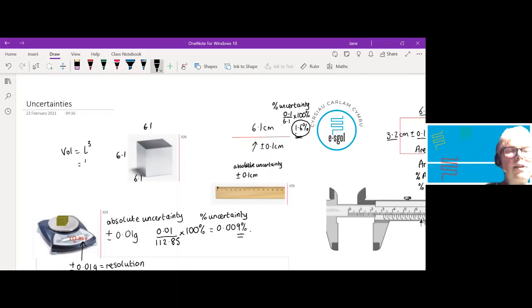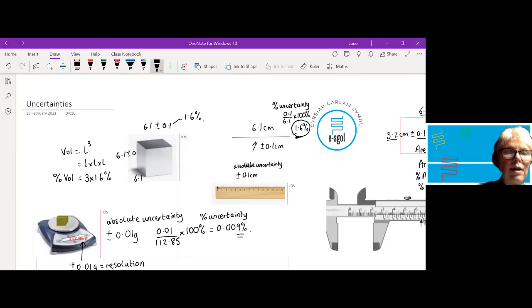And because you're using that length 3 times in the equation, then whatever the uncertainty is of your 6.1, i.e. plus or minus 0.1, i.e. the 1.6%, you add the 1.6% together 3 times. So you can just multiply by 3 the 1.6% to get your percentage uncertainty in your volume for a cube. That's if all of the measurements are the same.